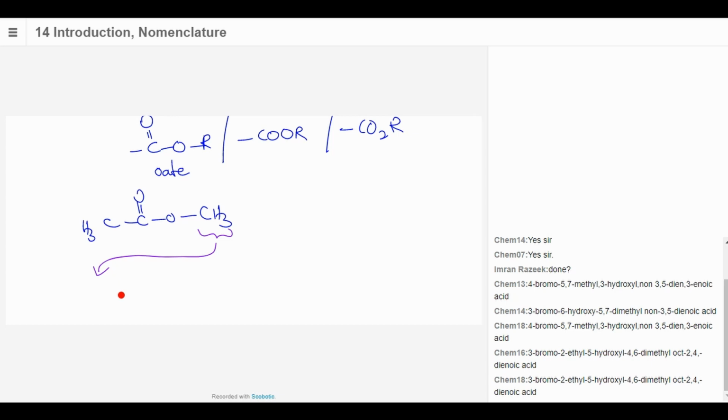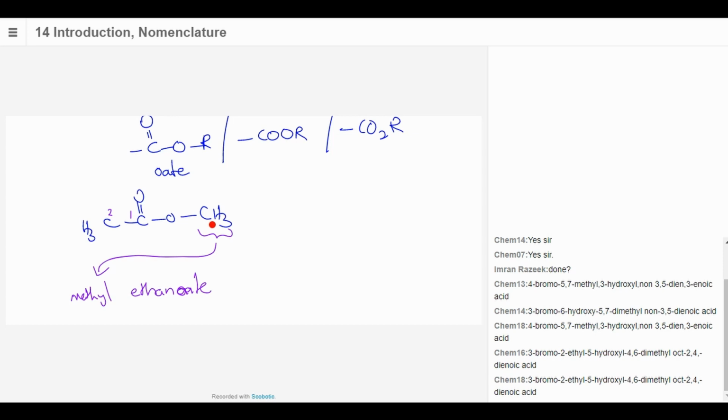And all the other substituents will come afterwards in alphabetical order, but this particular substituent will be named before any name. So it's methyl. That is next to O, and then there are 2 carbons, eth, carbon, carbon, single bond, an, and it's oate. So it's methyl ethanoate, and you name it as there's no number for this methyl group.